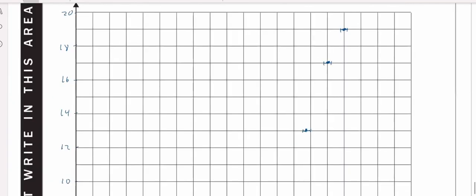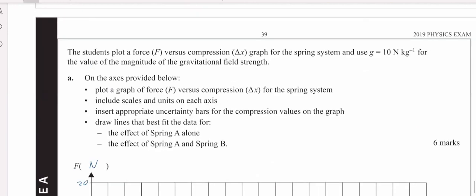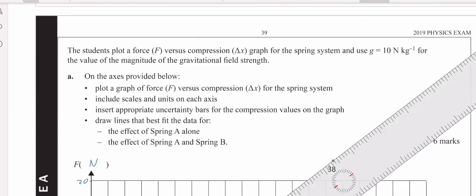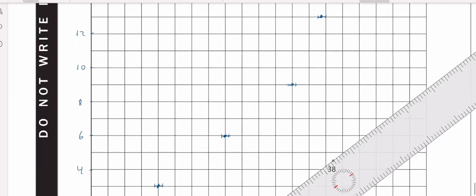This one, yeah. And we also have to draw lines of best fit, which, okay, that's how it goes.